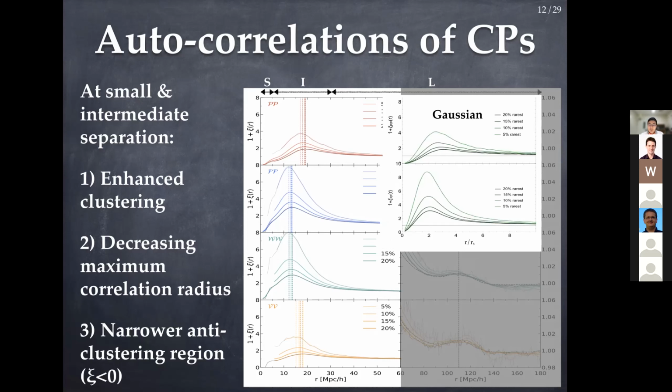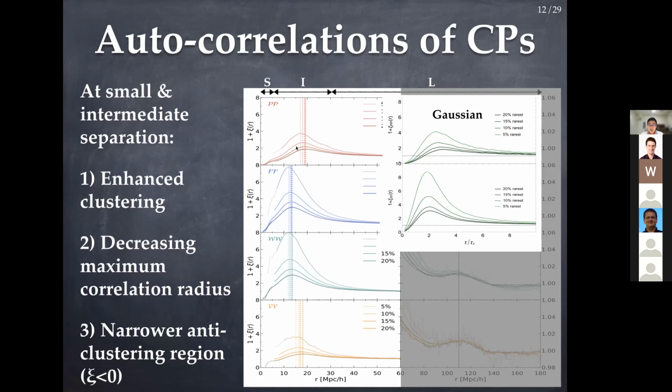And it is really astonishing to tell that these measurements at redshift 0 are almost perfectly consistent with the predictions from the Gaussian random field. So you can regard this prediction as coming from the initial density field.